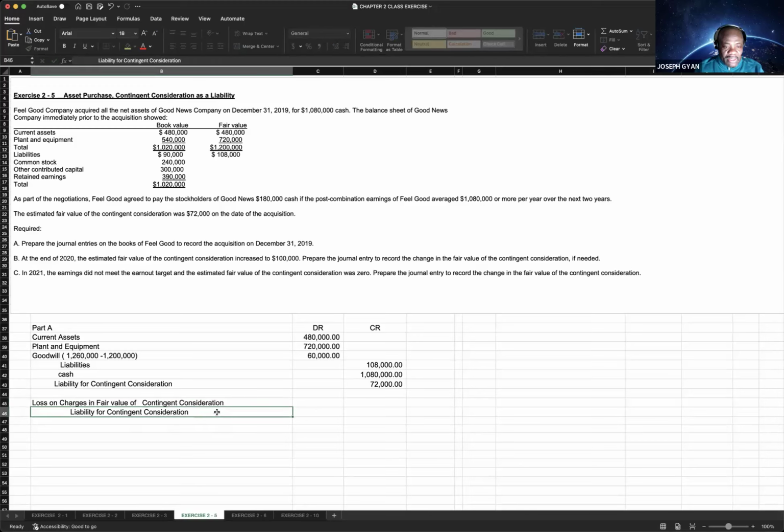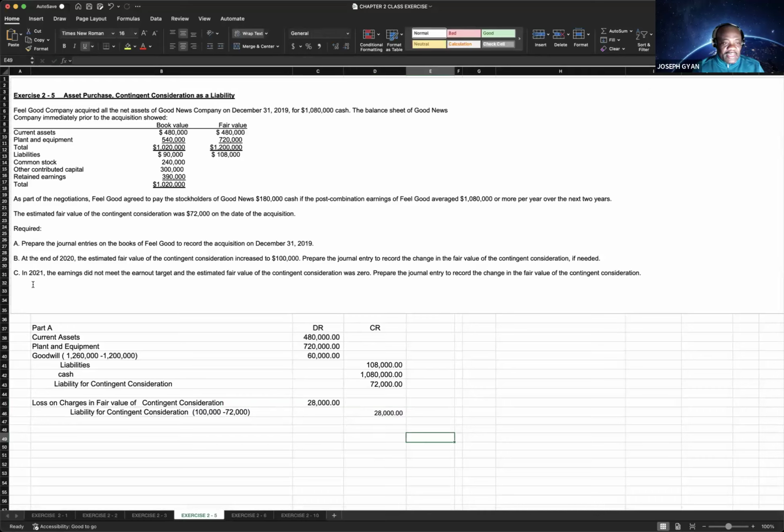How much is the loss? The loss equals 100,000 minus 72,000, which is 28,000.